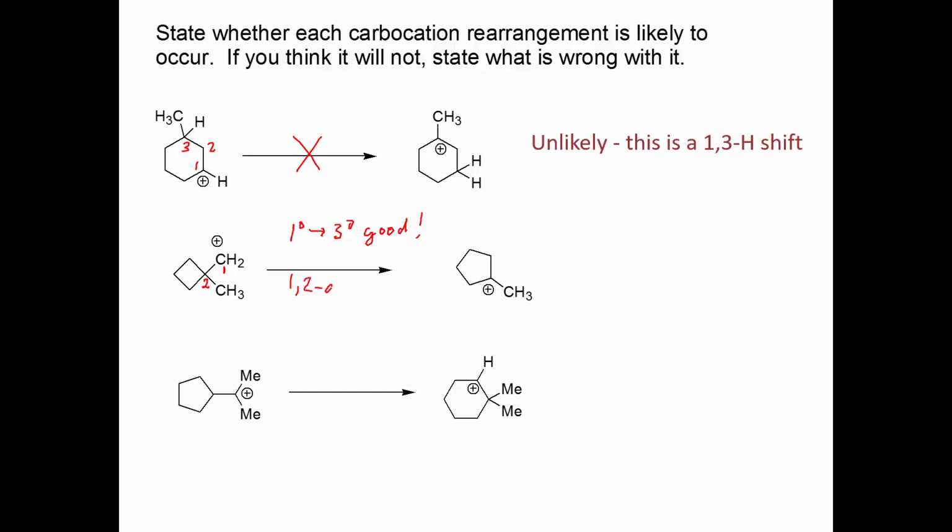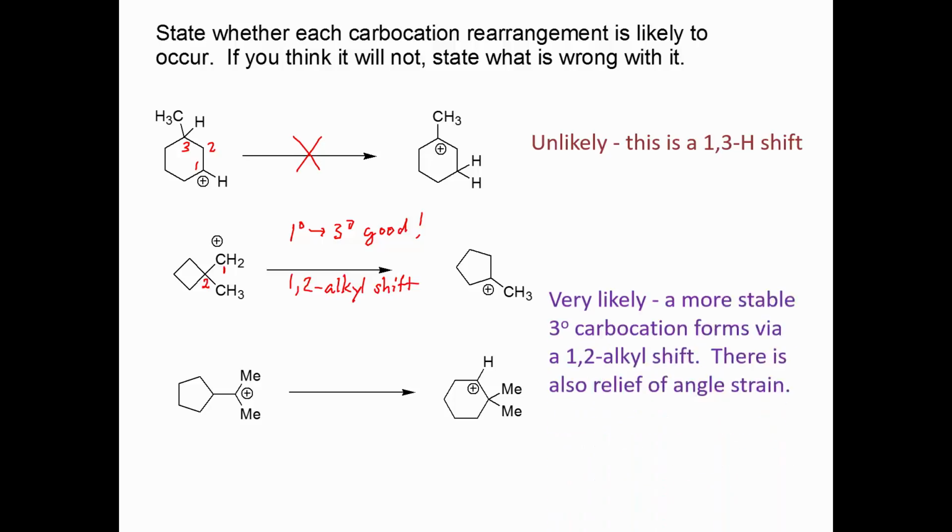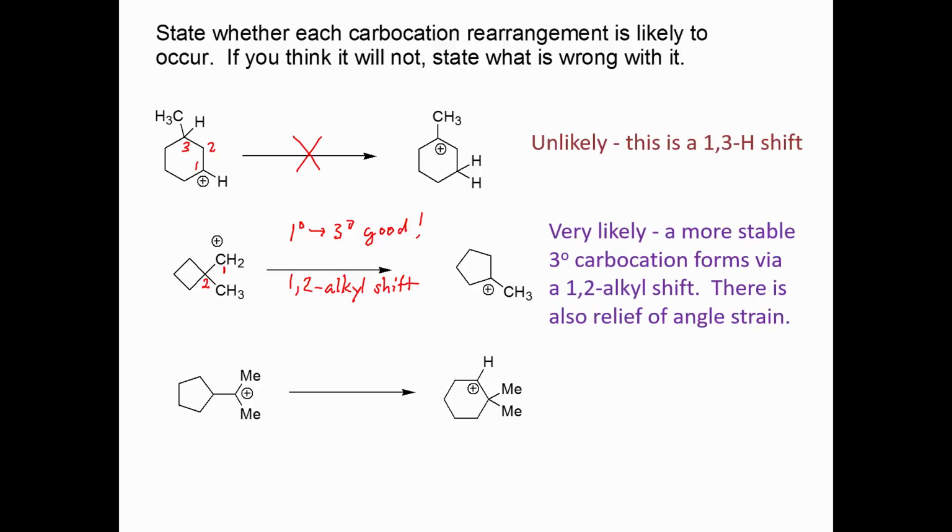It's a 1,2 alkyl shift. Okay, so this one's going to be quite favorable, and this is very likely. A more stable tertiary carbocation forms via the 1,2 shift, and there's also a relief of angle strain. Okay. Now look at the last one here.